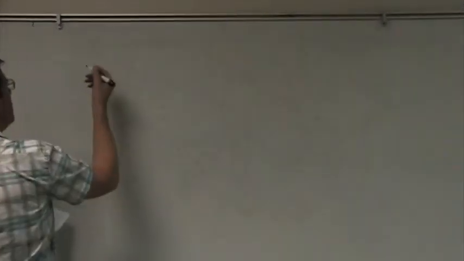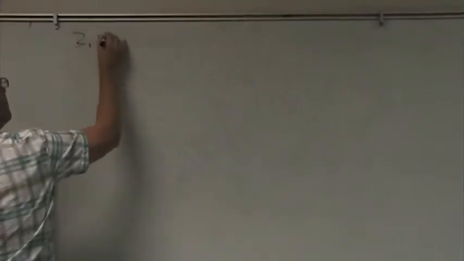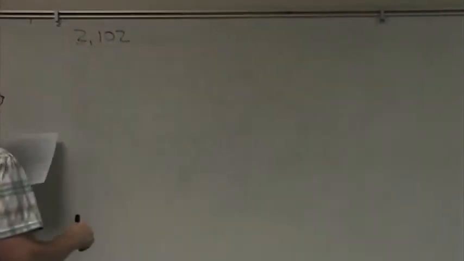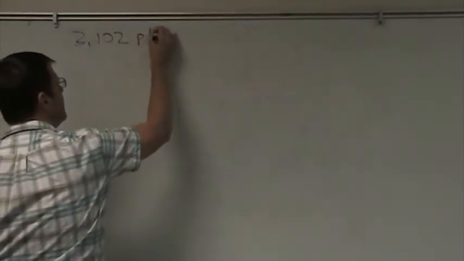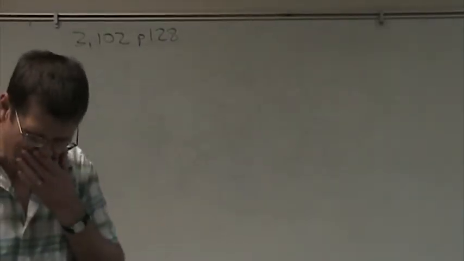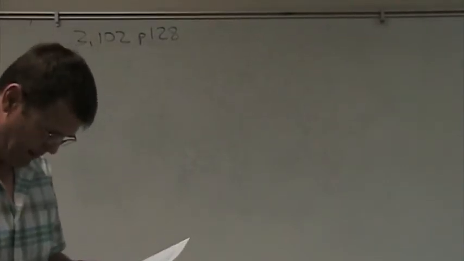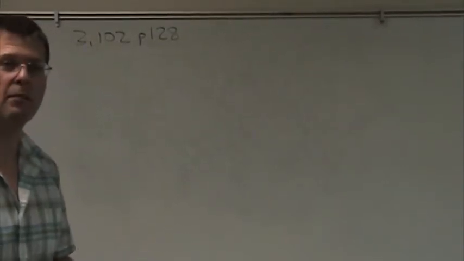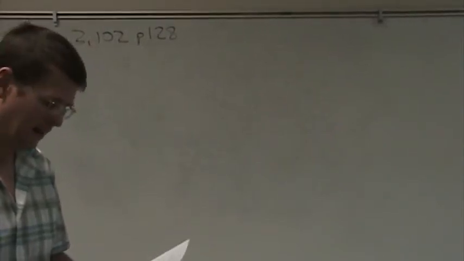Okay. So out of the book here, this is problem 3.102. We're going to do both 102 and 103 on page 128. First one's one of those standard urn problems. Apparently at one point or another, people who ran mausoleums must have been into probability to have all these urns.